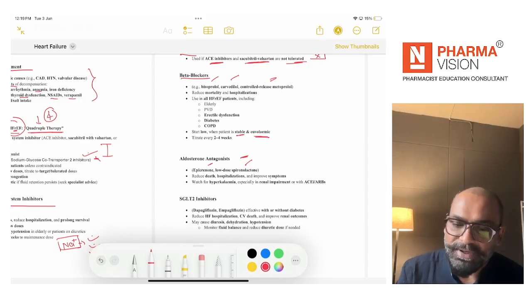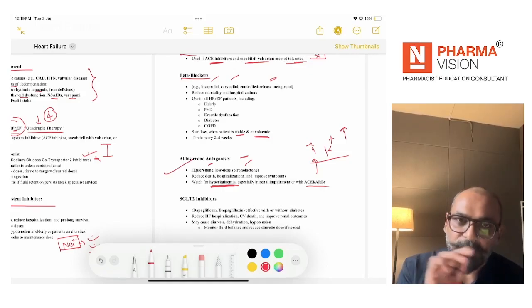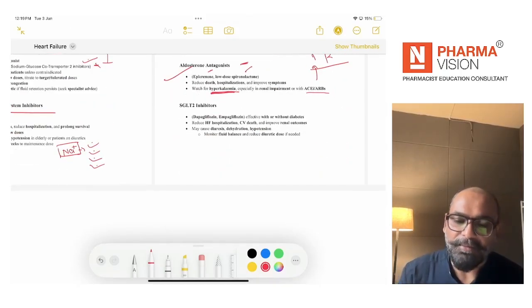But when we are using these medications, we always have to look at the potassium level, hyperkalemia. Especially when we are using them with ACE inhibitors or ARBs, which also increase the potassium level, and aldosterone antagonists also increase the potassium level. Okay, so this combination can significantly increase the risk of hyperkalemia. So that is an important question you can expect from this information.